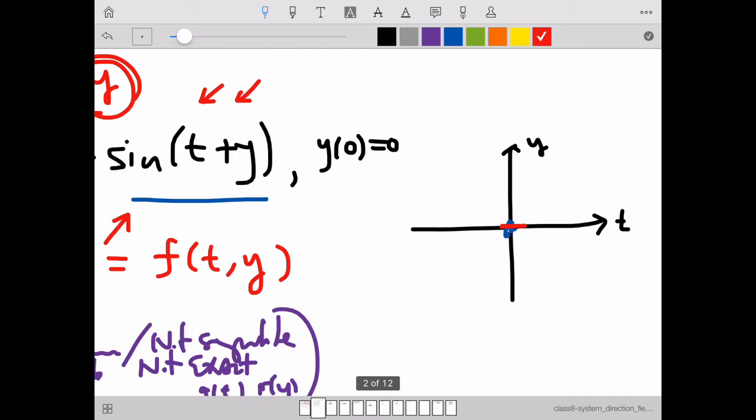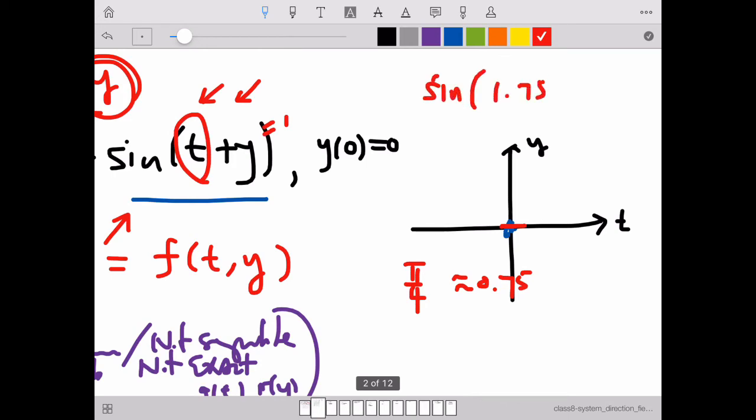For t equal to pi over 4, which is approximately 0.75, we can pick y as 1 randomly. Compute sine of 1.75. That will be a number.